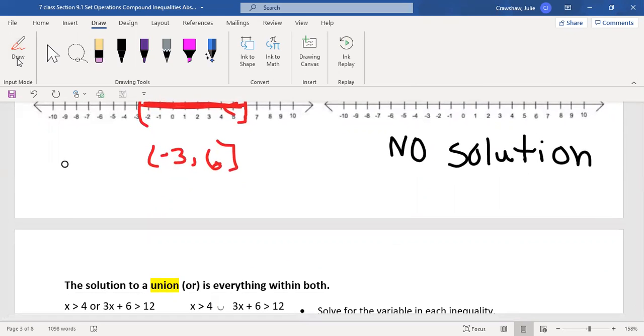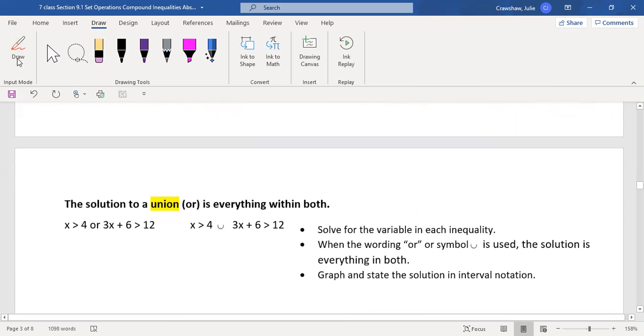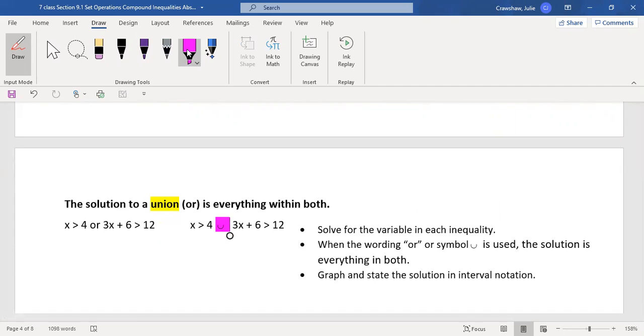Now these inequalities have the word or, or the U symbol, which means everything in both, just like set notation. And means what they have in common, or means everything in both. You could pick anything from this group or this group. So I still have to isolate each inequality separately.